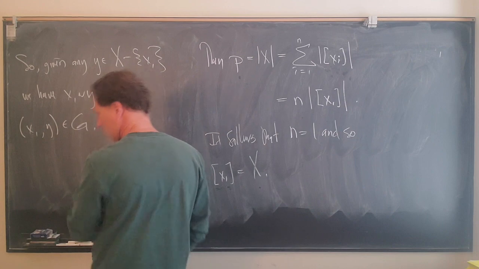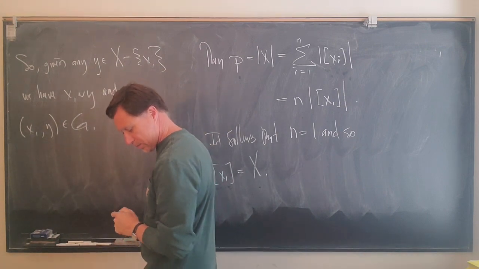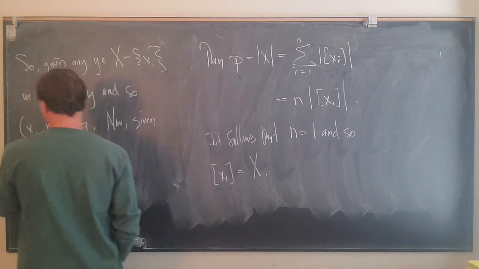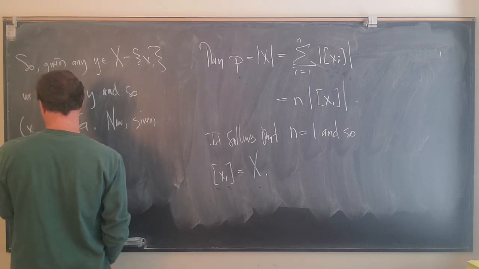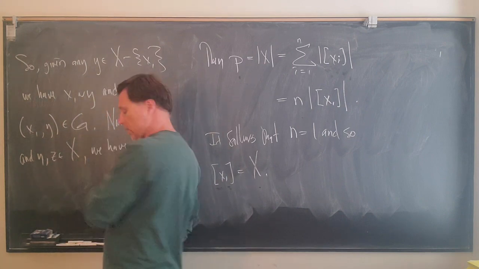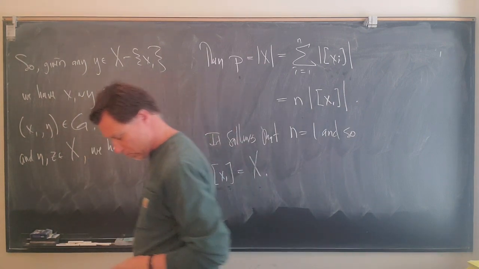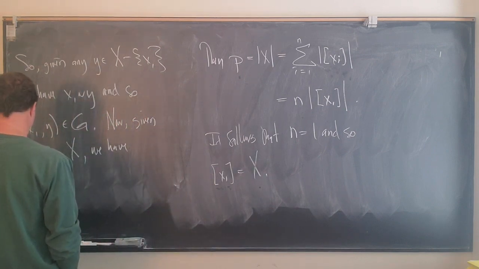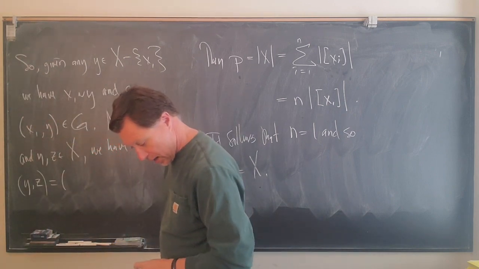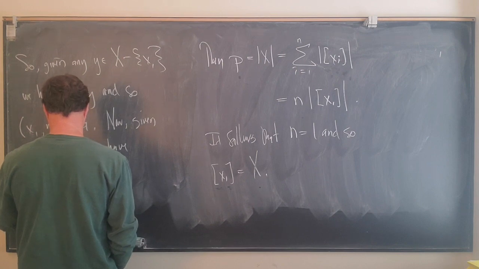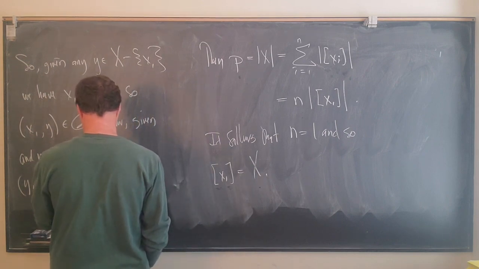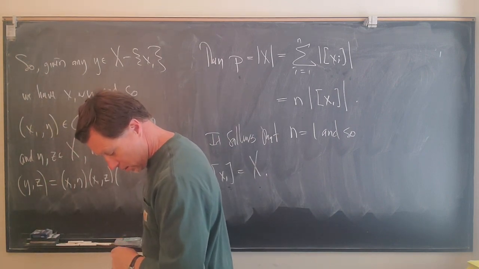So now, given any y and z in capital X, we have the permutation y, z equal to x1 y times x1 z times x1 y.